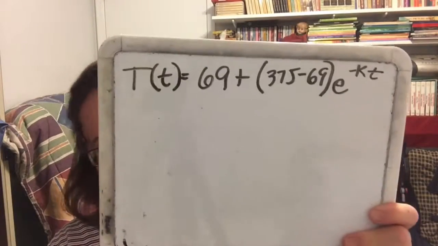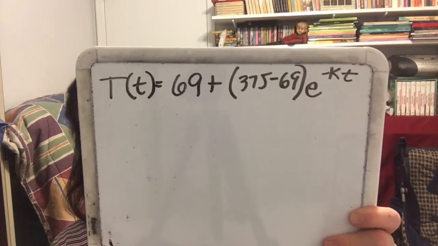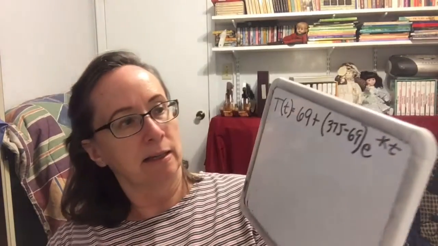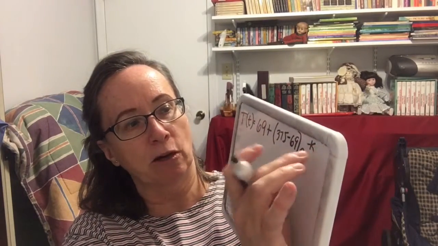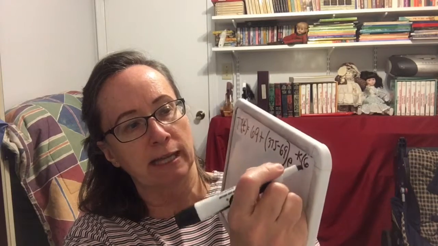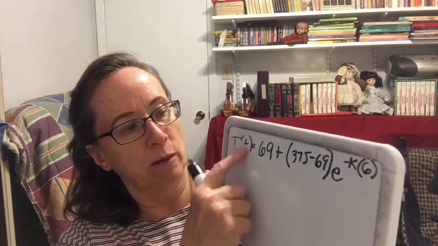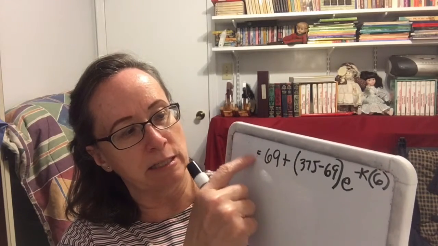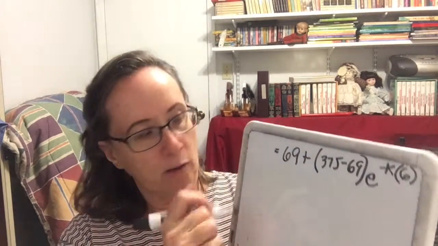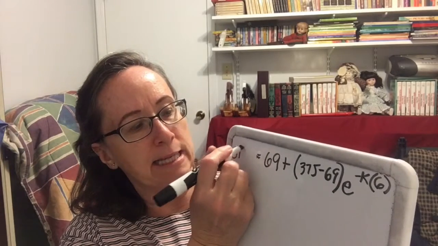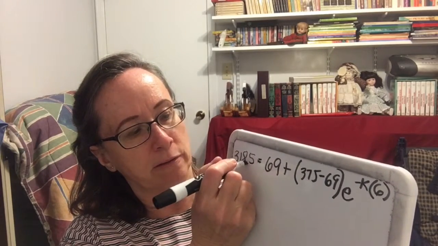Okay, so there's our function with our data in there, and now we have to put in our 6 minutes, which is the initial piece of information they give us, and they also give us how cool it was after 6 minutes. So that's our temperature after time t: 318.5.